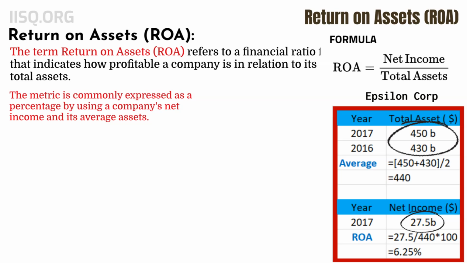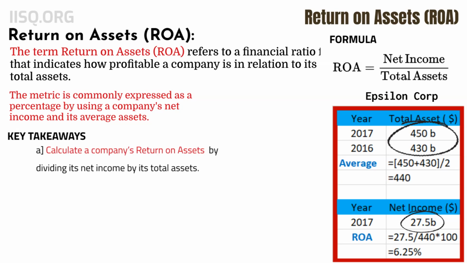Follow the simple calculation here. Return on assets, ROA, equals net income divided by total assets. In this case, we shall replace the total assets by average assets. So Epsilon's ROA equals 6.25%. This means that for every dollar in assets, the company earned 6.25 cents in profit.